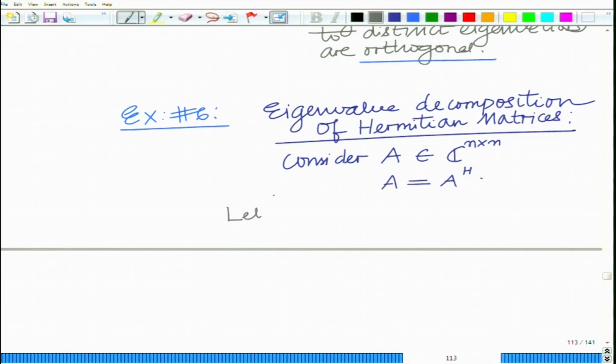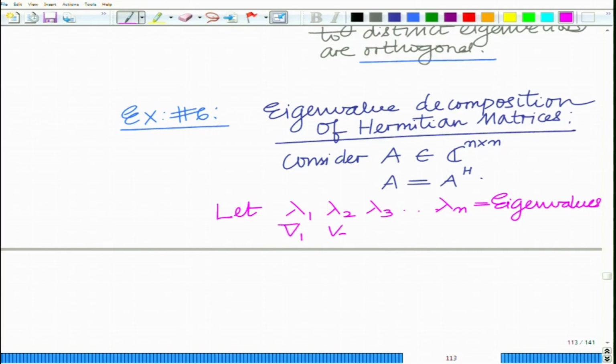Let the eigenvalues be lambda 1, lambda 2, up to lambda n, and V1 bar, V2 bar, up to Vn bar be the corresponding eigenvectors.